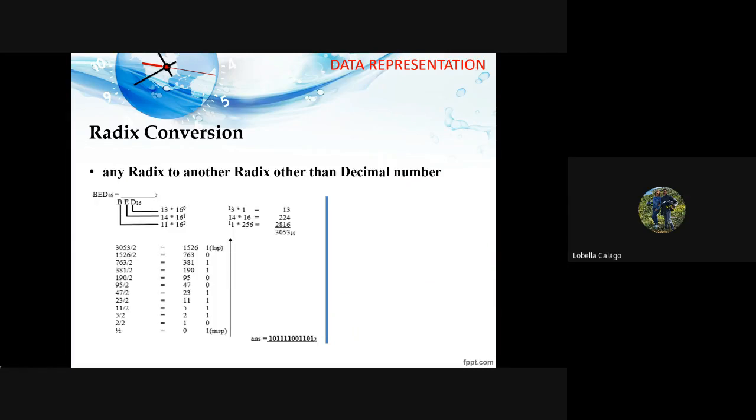So, since si base 16 ang ginagamit, so same pa rin. Since given si base 16, meron po dito, 95 divided by 2, 1 to dito. So 1 here. And so this is 1.